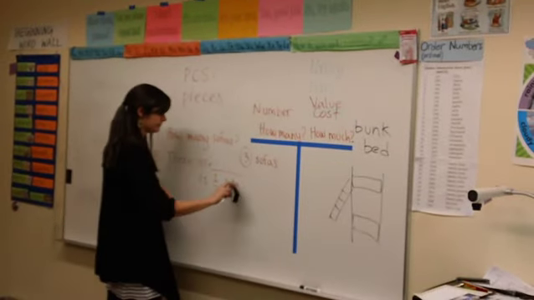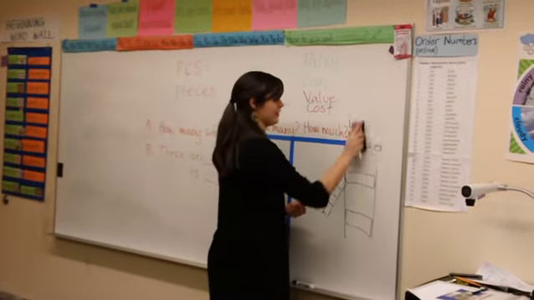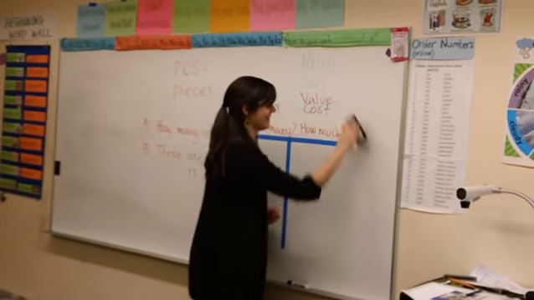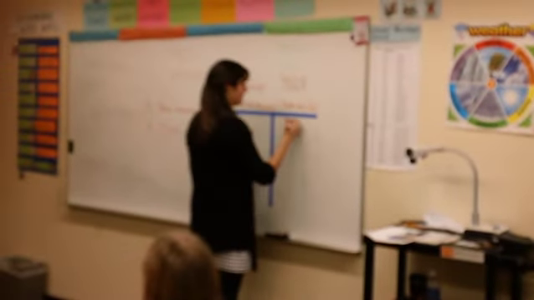Is. Good. Now let's get rid of our bunk bed here. Let's talk about now the value for 3 sofas. 1,099. Good, $1,099 dollars. Okay.